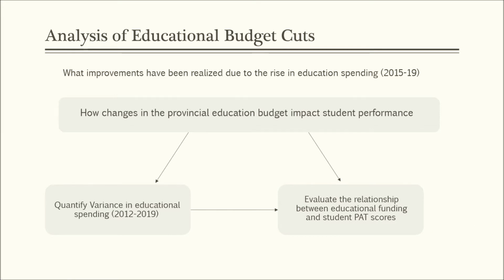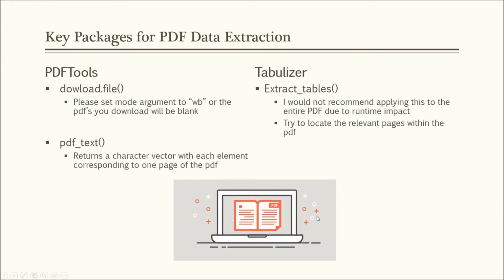So getting into the key packages and functions required for PDF extraction. The main package that we'll be using is pdftools, and the key function is download file. I'll go through this function in more depth when I'm going through my tutorial code.